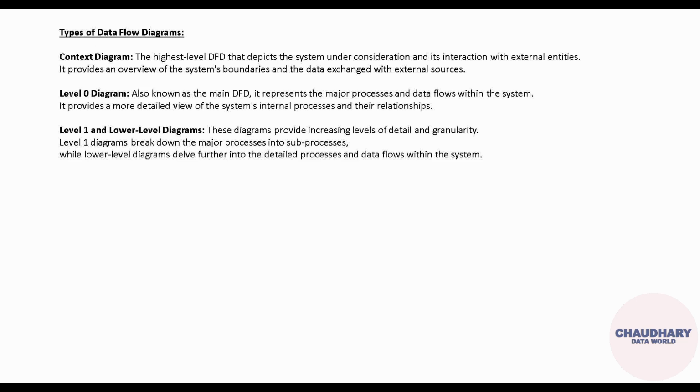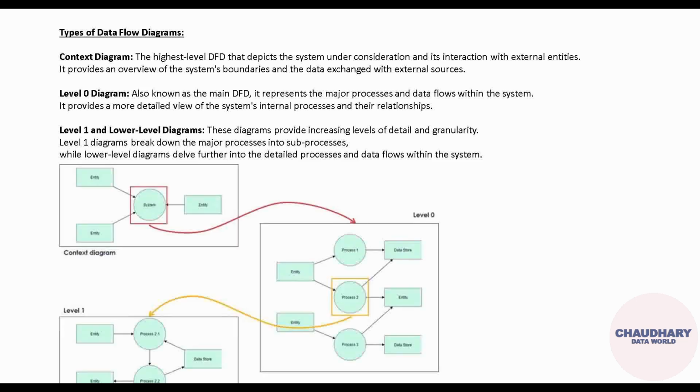It depends on you, and you can categorize that on different levels, that it is a context diagram. After that, level 0 diagram, level 1 diagram. All these types written over here, I will be showing you with some particular examples, so that all the things will become much clearer to you. So you can see how this context, level 0, level 1 are getting mapped.